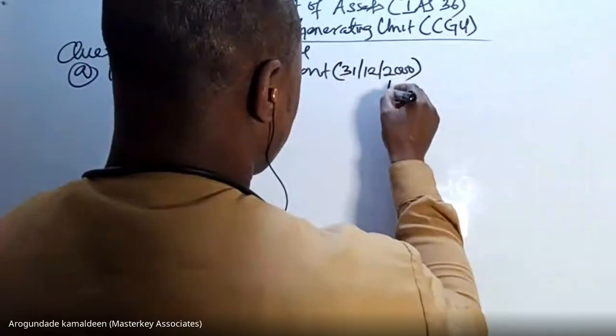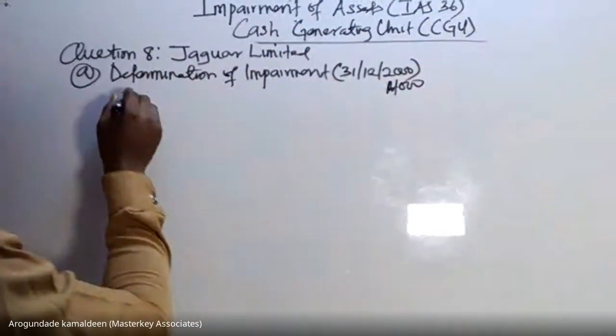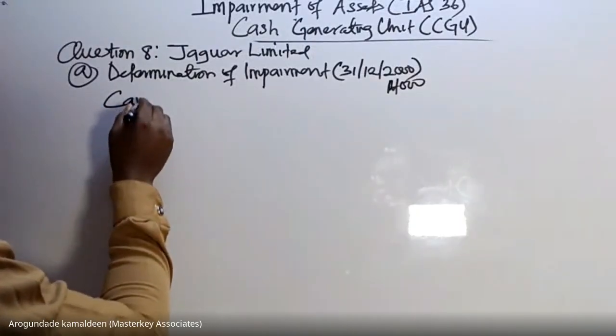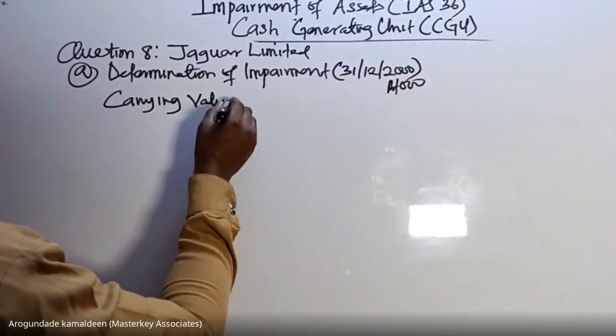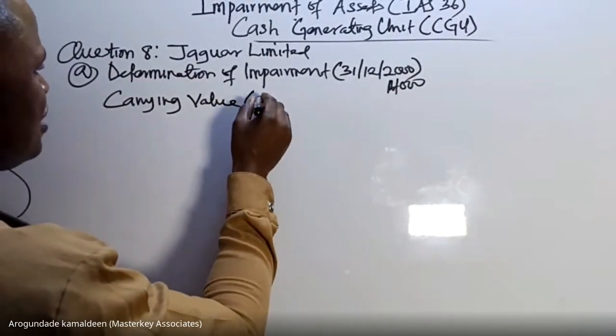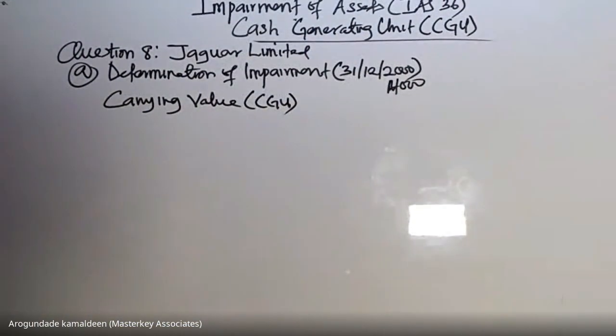Class, what is impairment? Is the carrying value of the what? Of the CGU. Abi, what do you have there as a carrying value of the CGU? Is how much? 970. Thank you.